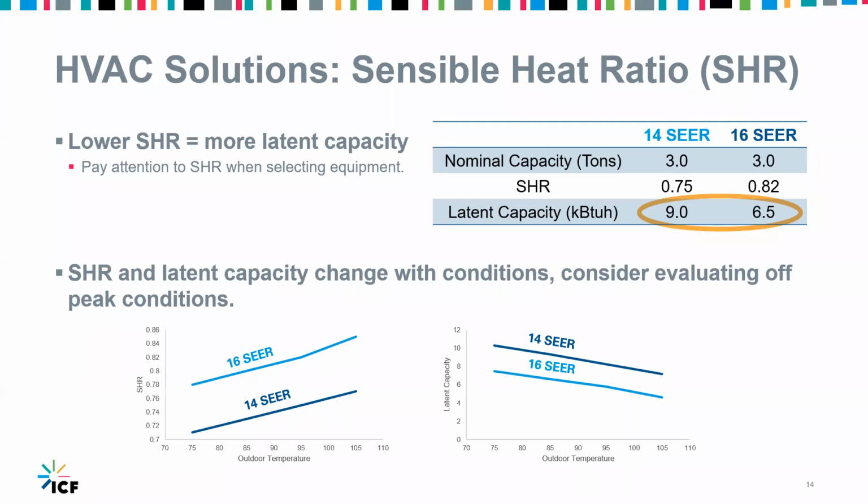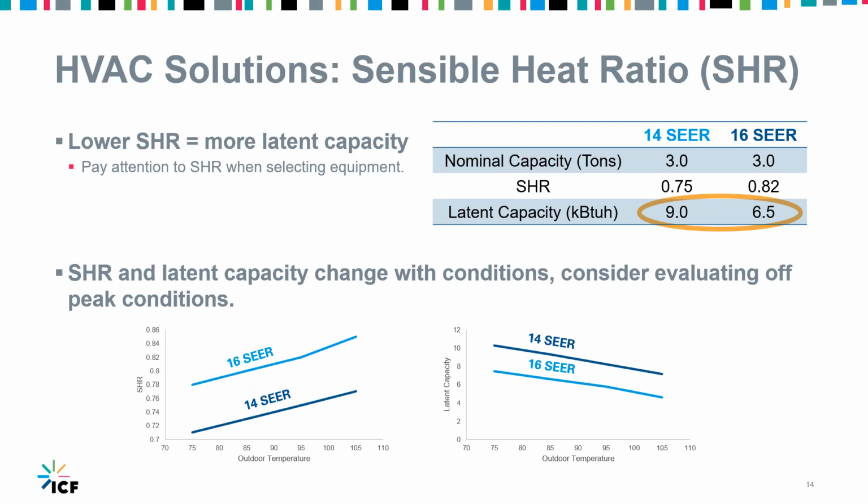Last point on this slide I want to make is that, like everything with HVAC design and air conditioners, sensible heat ratio and latent capacity change with outdoor air and indoor air conditions. When you're doing a Manual J load calculation, that evaluates a home at its peak conditions, basically looking at the hottest day of the year, making sure it can keep the house comfortable at those peak conditions.